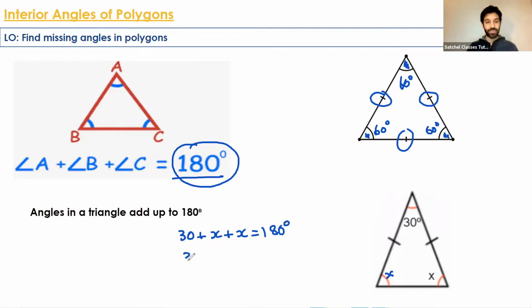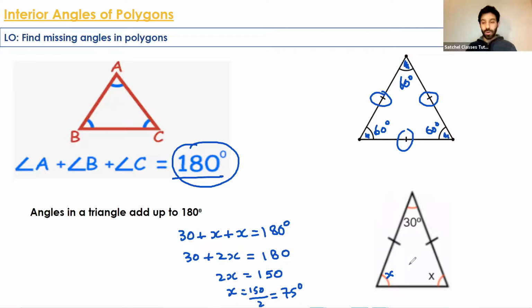So what we'll have is 30 plus 2x is equal to 180 degrees. Therefore, 2x is equal to, we need to subtract 30 from both sides. So what we'll get is 150. So 1x is equal to 150 divided by 2, which is equal to 75 degrees. And that will be our answer. I quite like this method because it's mixing algebra with a bit of geometry as well.